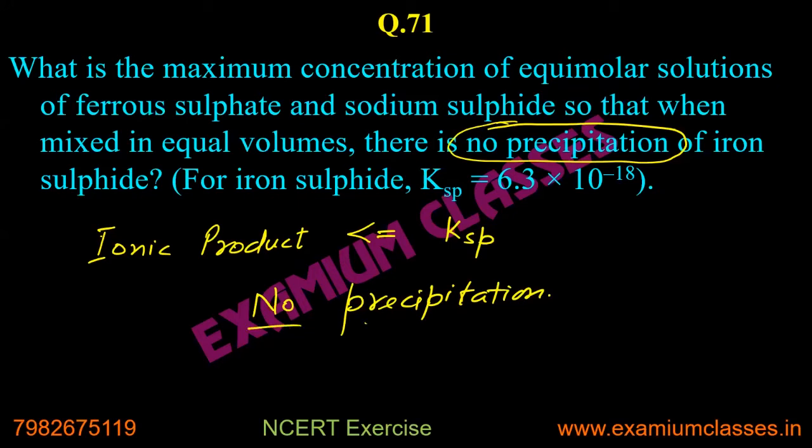Most of you gave me the answer as less than. In most cases that will work, but in a few cases it may not. Even if it is equal to, precipitation will not take place, so you have to correct your answers. The 100% correct answer is that the condition for no precipitation is ionic product less than or equal to KSP.